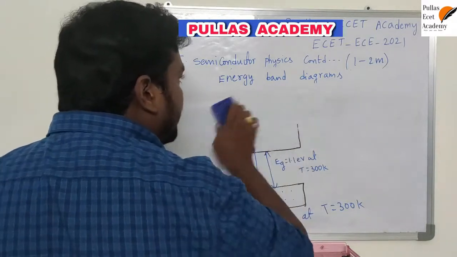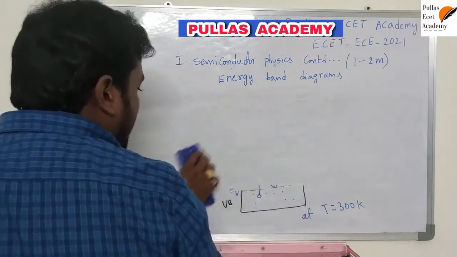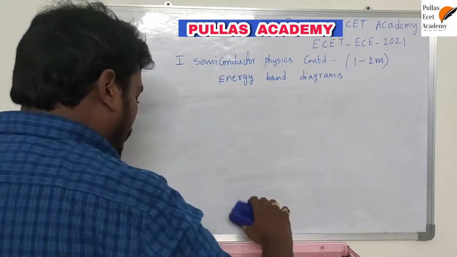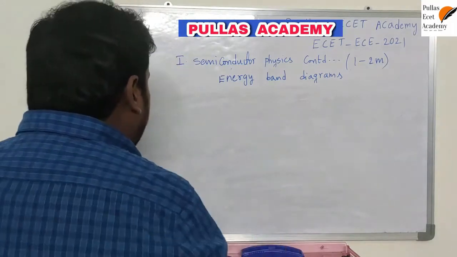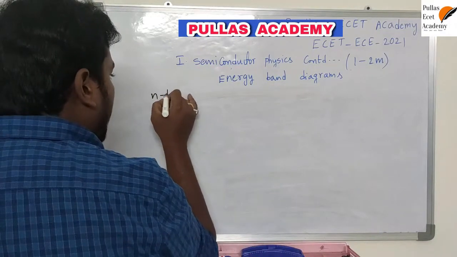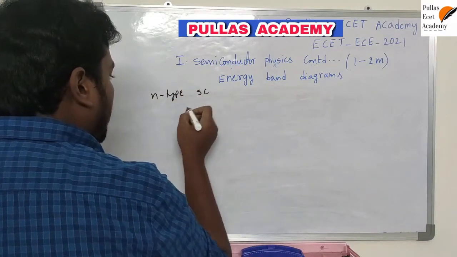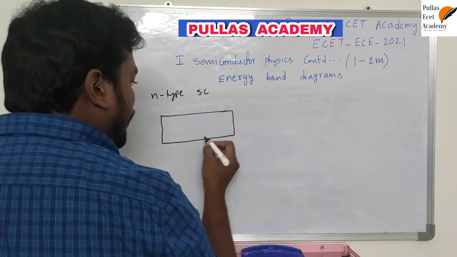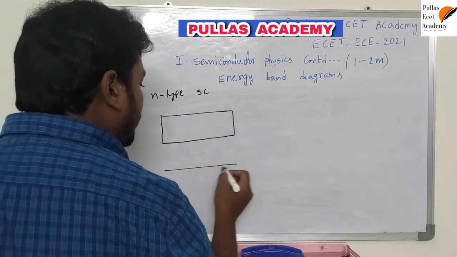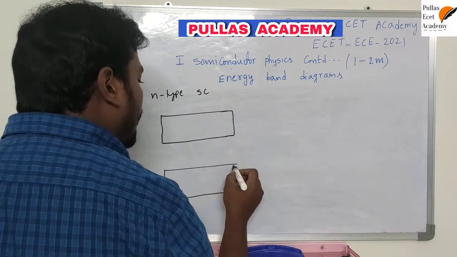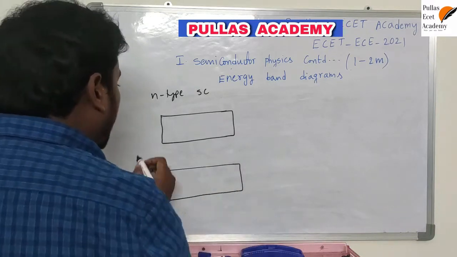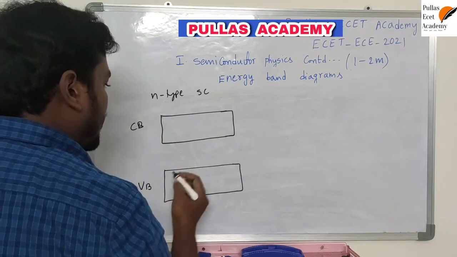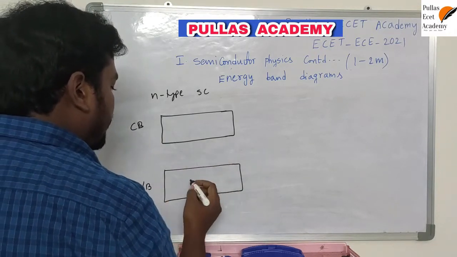So next we will see extrinsic N-type semiconductor. Let me take N-type semiconductor here. As usual, this is conduction band, this is valency band, this is the energy gap here.